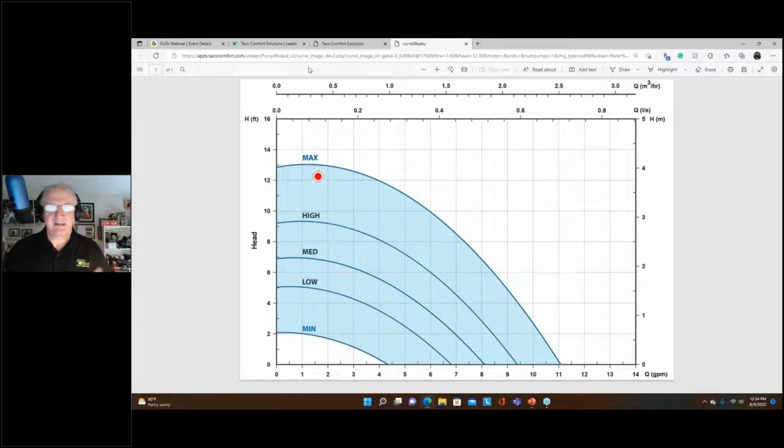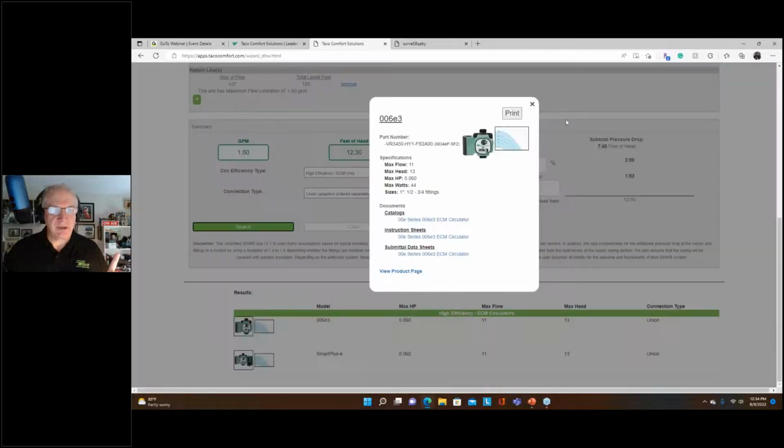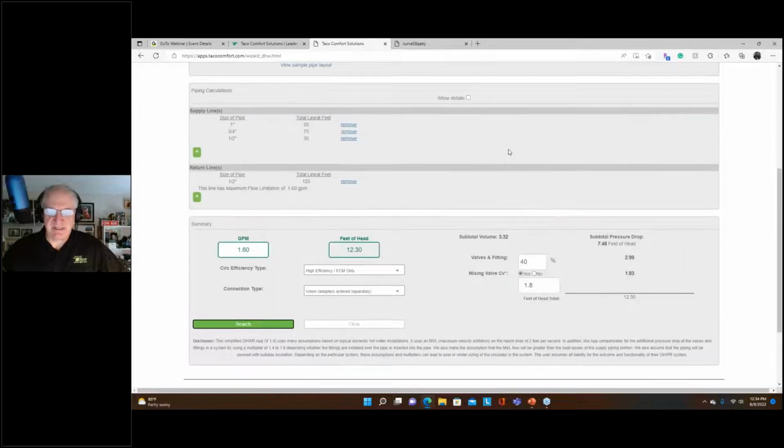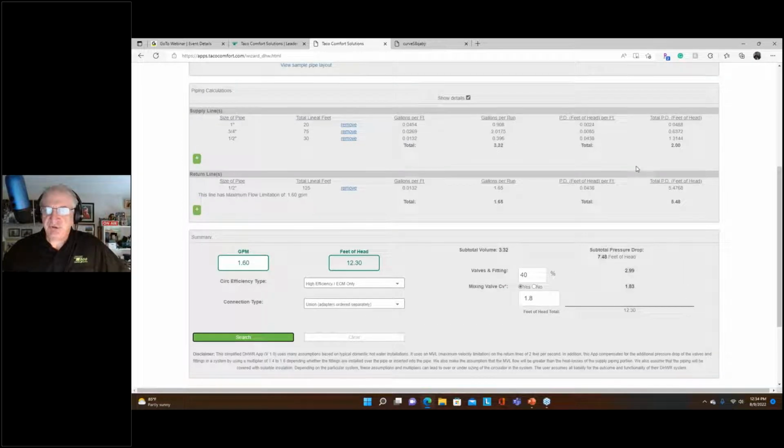Now, if we go back, I want to go back here real quick. We notice 3.32 gallons of volume in that system. If I click on show details, that's where I get this number. It's telling me how many gallons per foot in 1/2 inch, 3/4, and 1 inch pipe.